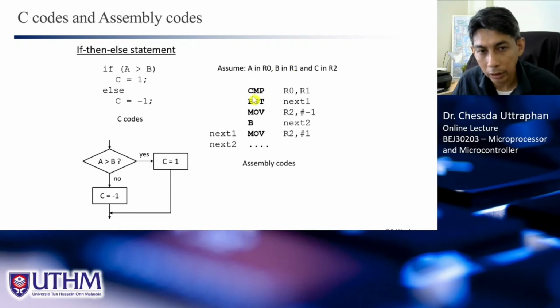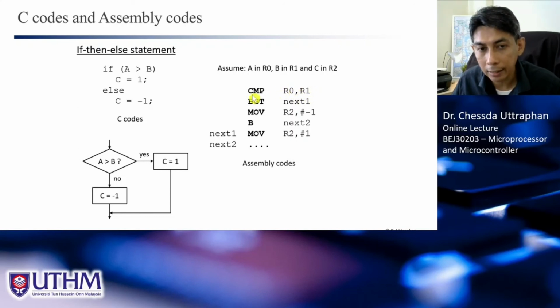Right. So to know whether A is greater than B or not, or R0 is greater than R1 or not, we use this instruction compare. CMP is compare. Compare R0 R1 means that the microprocessor will check whether R0 is greater than R1 or not, or in other words, it will do subtract R0 minus R1 and see whether the result is positive or negative. If positive means that A is greater than B, or R0 is greater than R1.